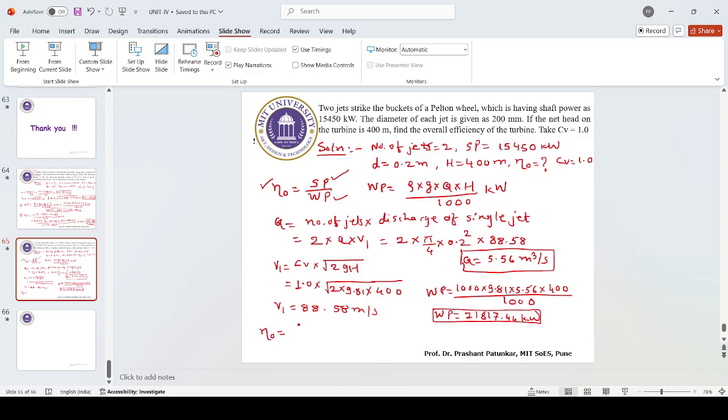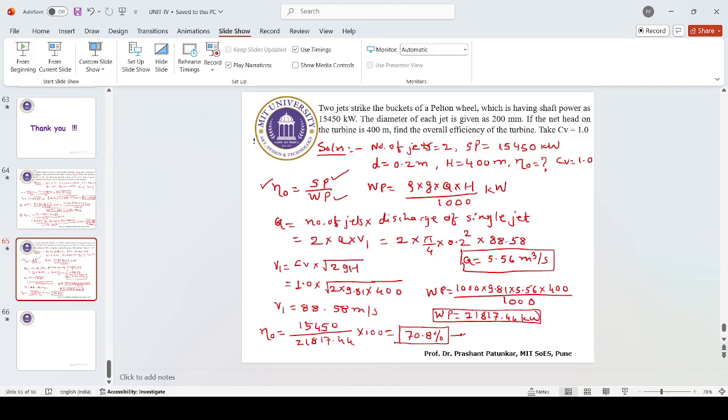The shaft power is given as 15,450 kilowatt, divided by the water power, that is 21,817.44, and I multiply by 100 to convert the efficiency into percentage. Calculating this, I obtain the overall efficiency of this Pelton wheel as 70.8 percent.